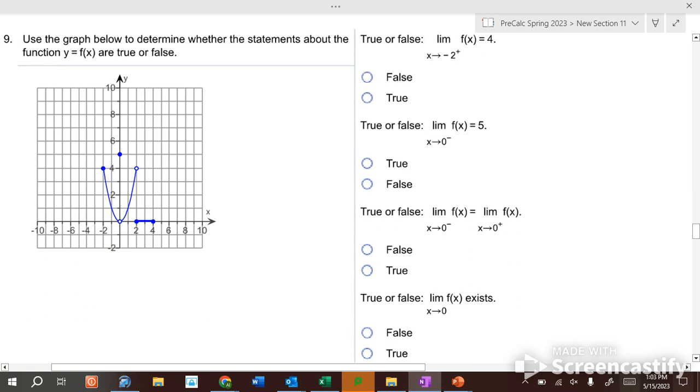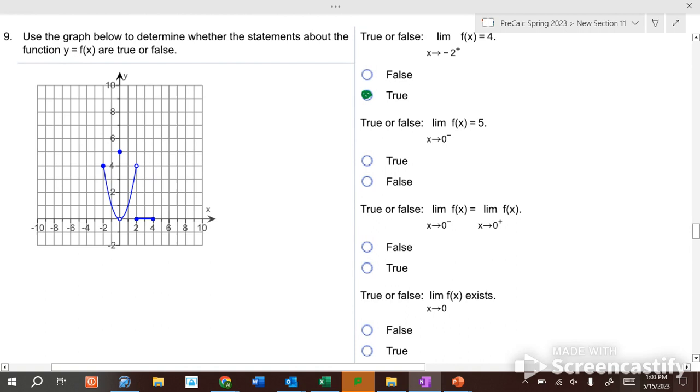So, what's the limit as we approach -2 from the right? Where are we at? 4. That's a true statement. As x approaches 0 from the left, where are we at? 0, not 5, so that's false. The value of the function at 0 is 5.